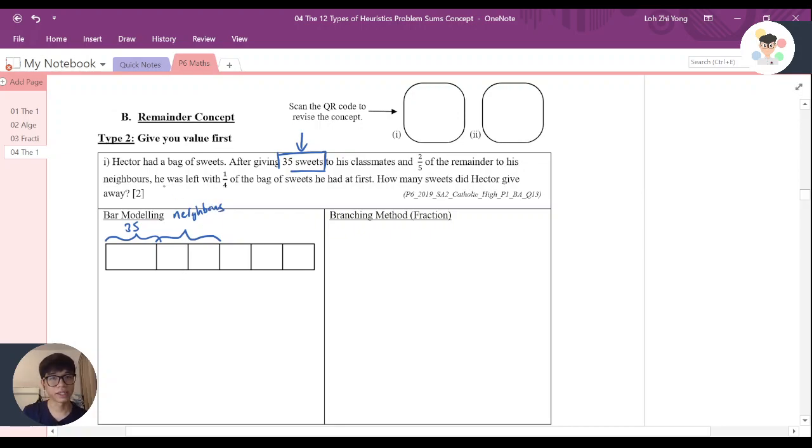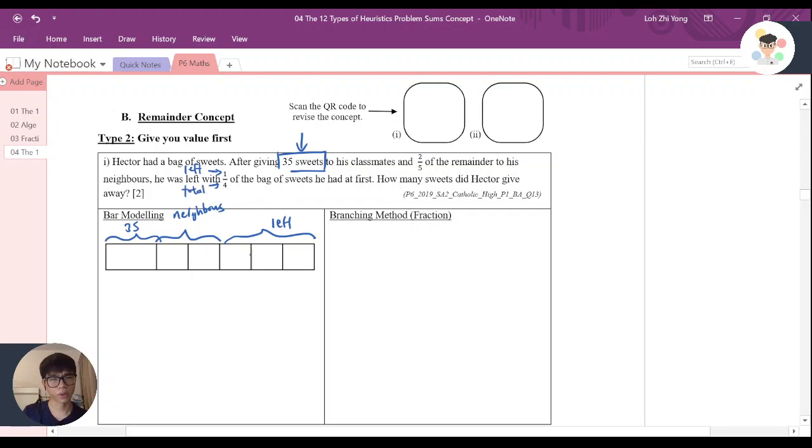And he was left with 1/4 of the bag of sweets he had at first. Again, the same thing. I know that this is leftover. And here mentioned 1/4 is the one left, right? 1 should indicate the left, 4 should indicate the total.